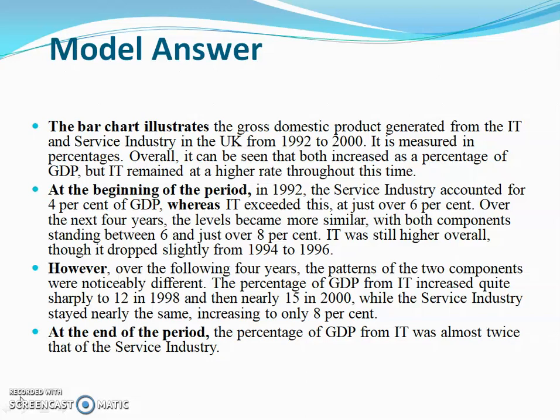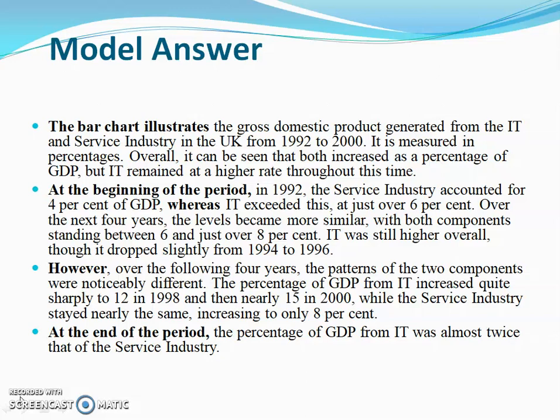The percentage of GDP from IT increased quite sharply to 12 in 1998 and then nearly 15 in 2000, while the service industry stayed nearly the same, increasing to only 8%.